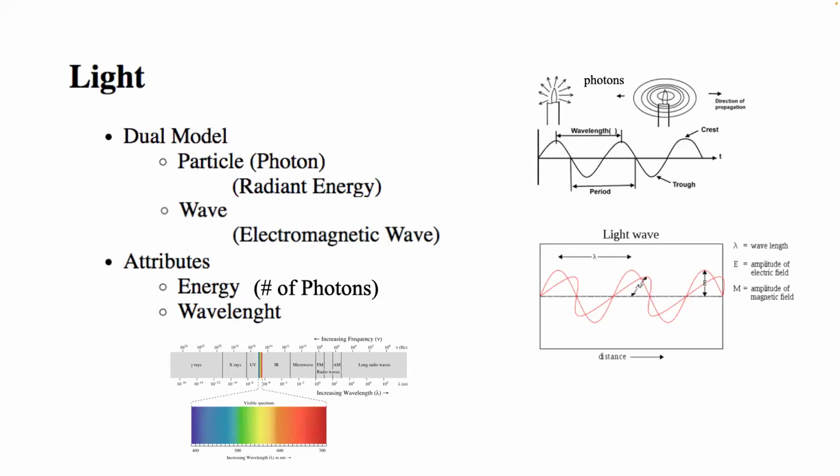And then you can characterize the wavelength, that's the period between these oscillations. And then the energy is associated with the number of photons for each of these paths. And then because it's an electromagnetic wave, we have an electric field and a magnetic field for each wavelength. And this is part of the modeling.